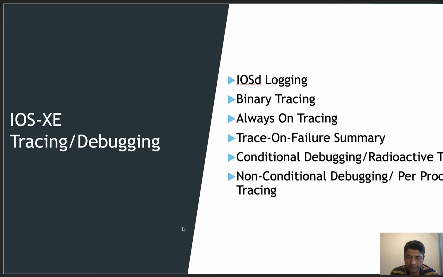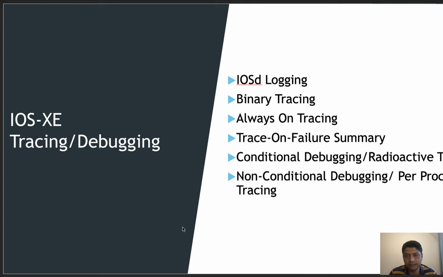So in C9800, the binary tracing idea is all about Linux processes while they are running. It always writes the logs. So that's why it's called always-on tracing. So you need not enable a particular command to get the logs. It will be already enabled by default.